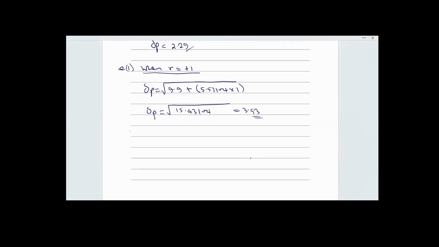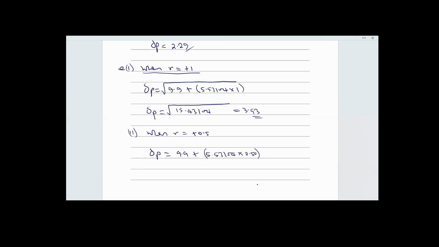Then, when R is equal to plus 0.5, the risk of the portfolio will be equal to 9.9 plus, again, 5.53104 multiplied by 0.5. It is only the R that will change.